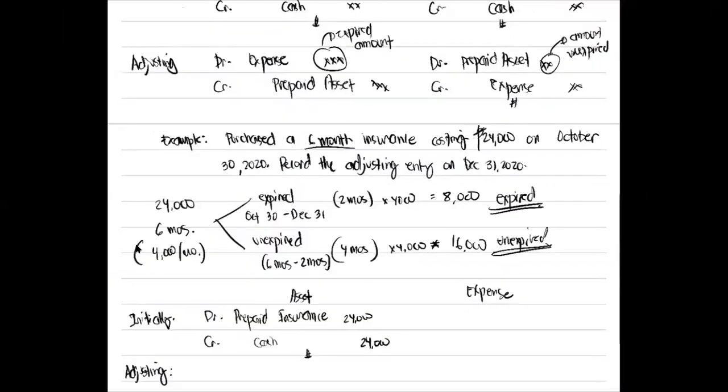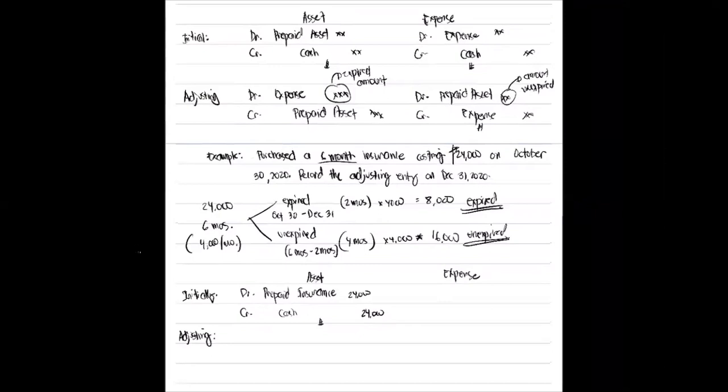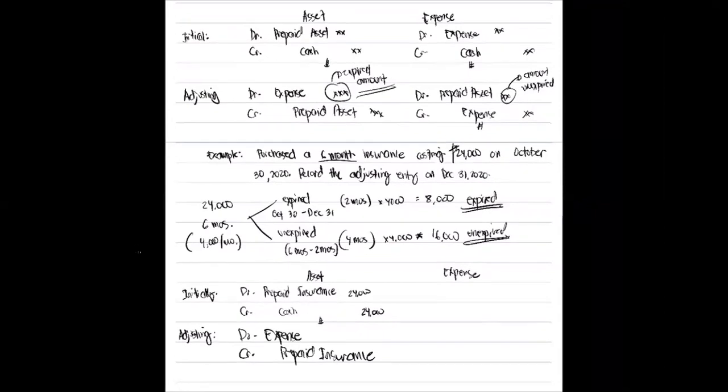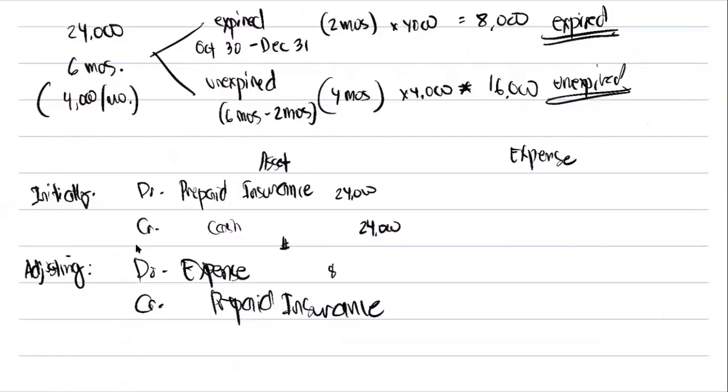So sabi natin under asset method, we debit an expense and we credit a prepaid asset. So ang debit natin daw dito ay expense. And then ang credit natin ay yung prepaid assets. So credit, prepaid insurance. Next question, at what amount? At the expired amount. What is our expired amount? 8,000. So this should be 8,000 and this should be 8,000. So, okay. Tapos na natin yung journal entries natin, including the adjusting.